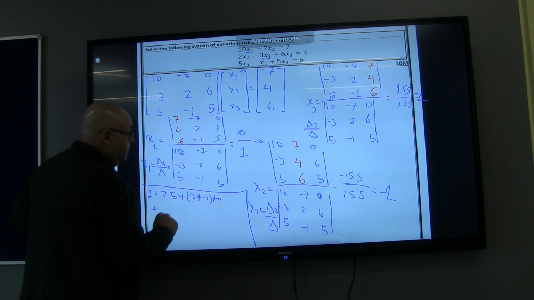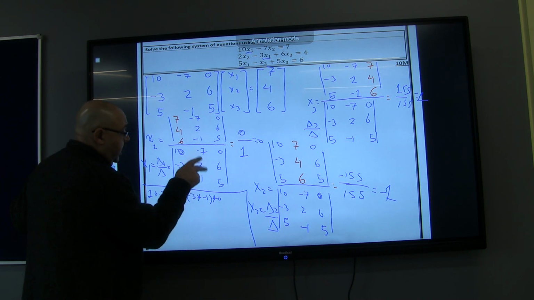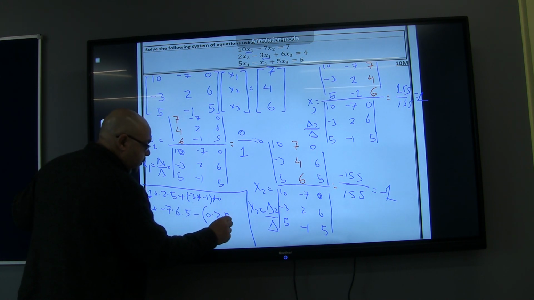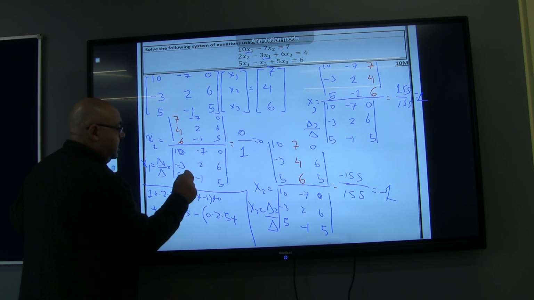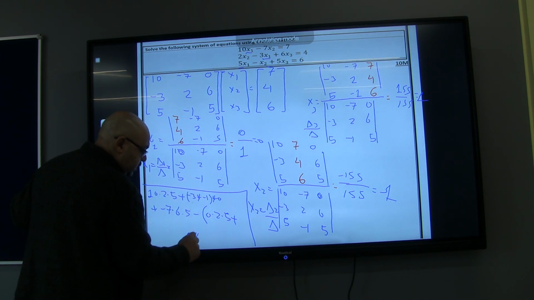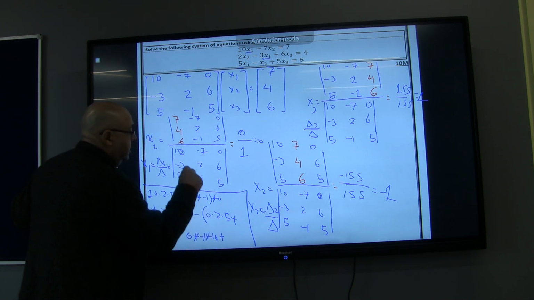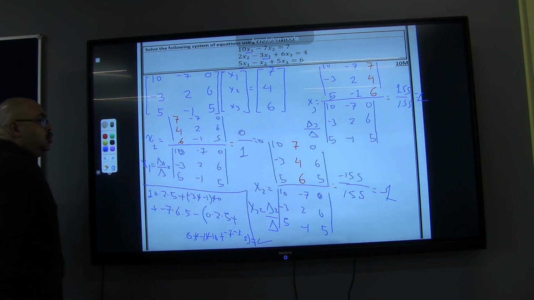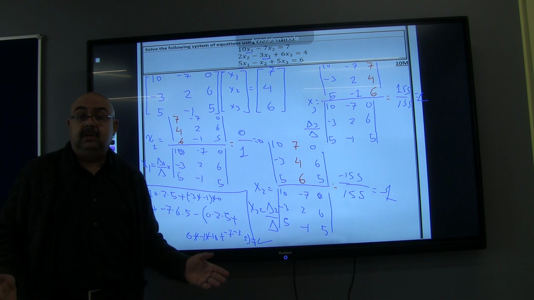Then plus, in a similar manner, the base of the upper triangle, negative 7 times 6 times 5, the lower base, minus, do vice versa, 0 times 2 times 5, then plus 6 times negative 1 times 10, then negative 7 times negative 3 times 5. Close it, get the value for each one of these determinants, and you'll get the result.